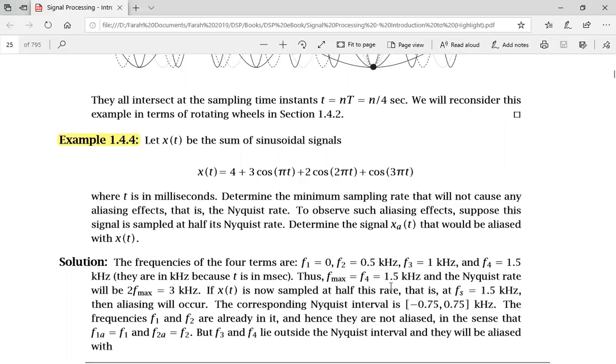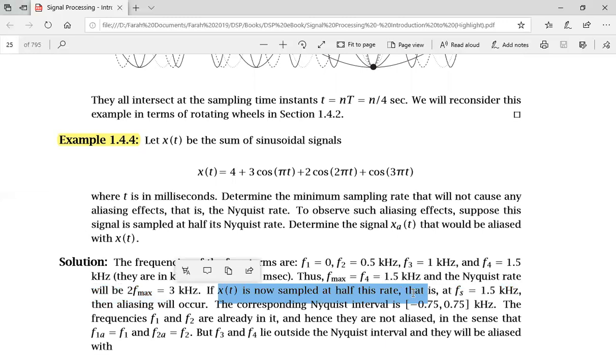So the Nyquist rate would be 2 f maximum, which means 3 kilohertz. Okay. If x of t is sampled at 3 kilohertz, it would be fine. But here we are observing that x of t is sampled at half of this rate. Half of this rate means how much?